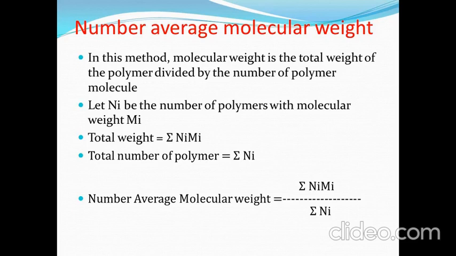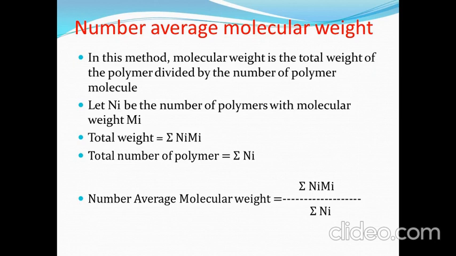Molecular weight of the polymer is a prime property because it determines many physical properties. The distribution depends on the way the polymer is produced. Hence, for polymers, one can calculate the average molecular weights.